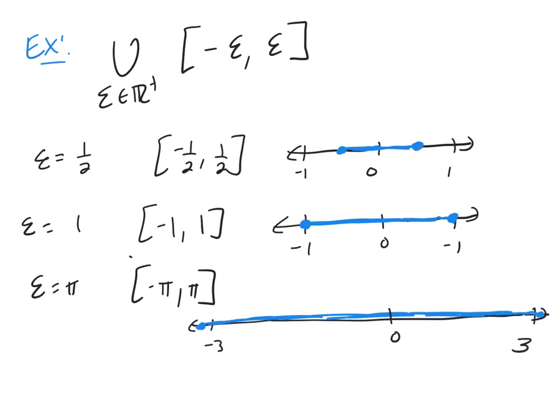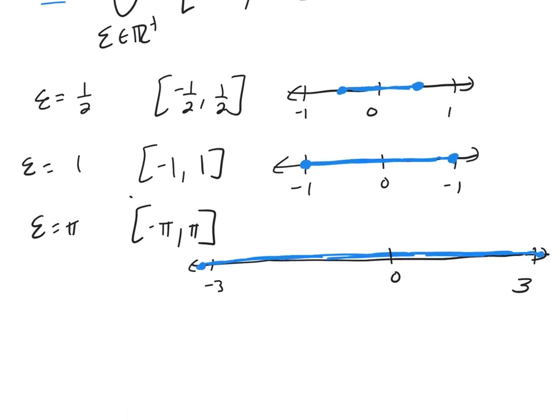And so here I'm taking a union. So I'm not asking what they have in common anymore. I'm just asking for what part gets shaded, what part is included in any one of these. So now what's happening is, if you look, my intervals are kind of stretching out. Here, they're pulling out.